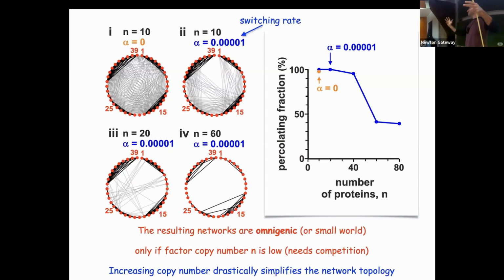Suppose that you flood with red proteins, every transcription unit will be transcribed because there is enough for everybody. That's why you start to lose the correlation here. So if you look at the number of proteins, the percolating fraction of the network, the fraction of the largest connected component, goes down dramatically.